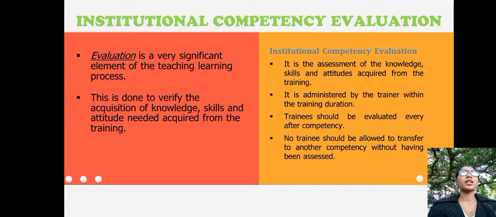For example, I am currently under one of the programs of TESDA, the Training for Work Scholarship Program, with the qualification of Front Office Services NC II. Ngayon, natapos na kami sa aming training session. Naghihintay na lang kami for our final assessment.